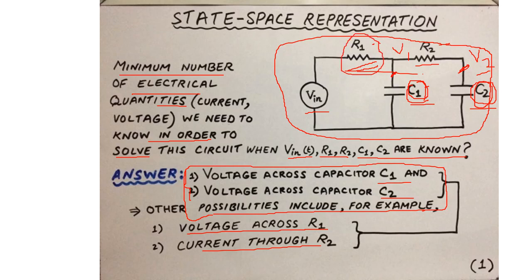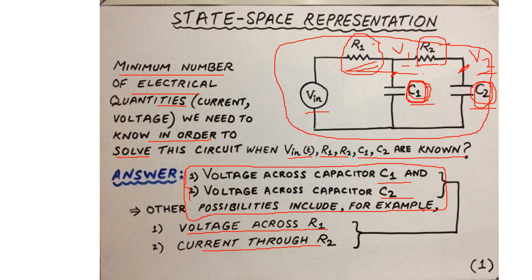Therefore, the current will be calculated easily. And also the voltage across the resistance R2 is essentially V1 minus V2, hence the current. Similarly, if I know the voltage across the capacitor at time t, I can calculate the current through the capacitor by integrating the voltage waveform V1 for C1 and V2 for C2.